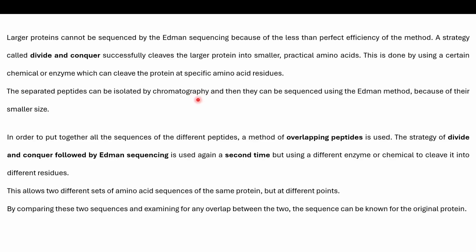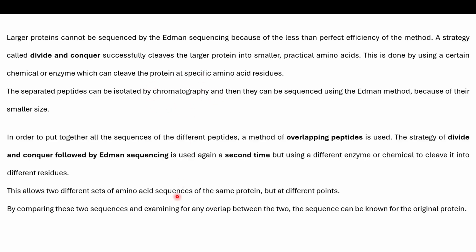Now we look at how these fragments line up, and there will be overlapping terminal residues, either a stretch or one residue. Those can be looked at to find the complete sequence of the peptide chain.